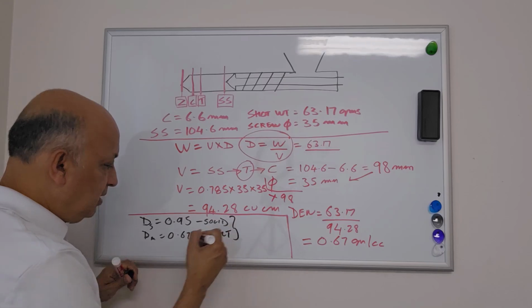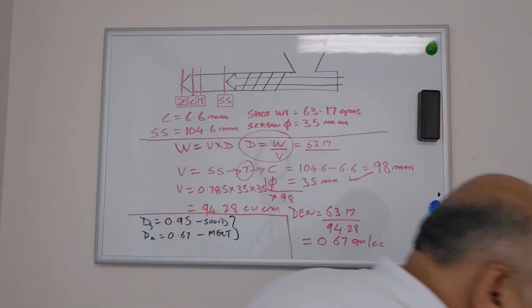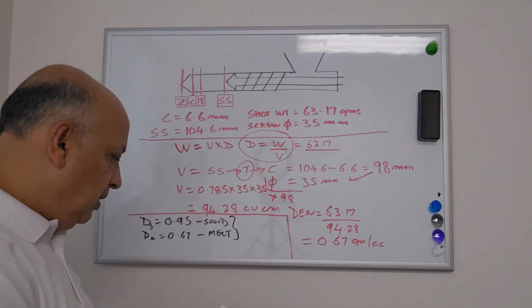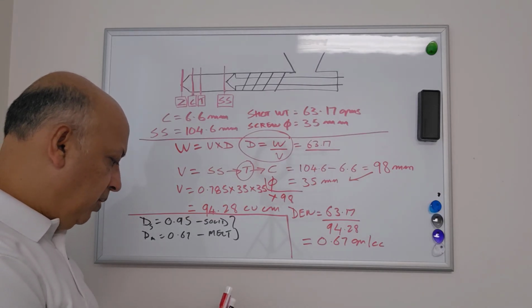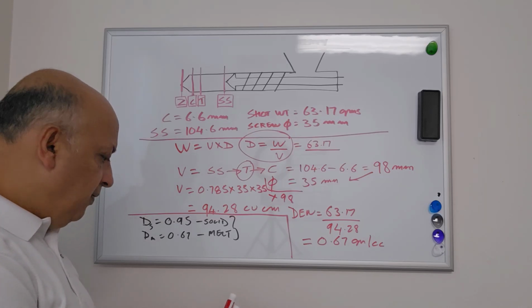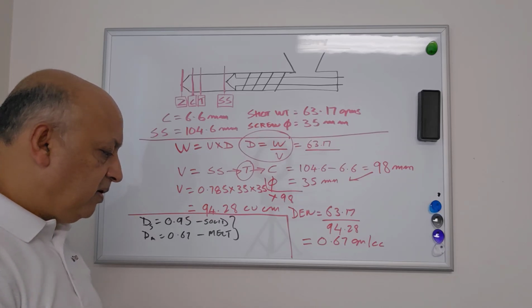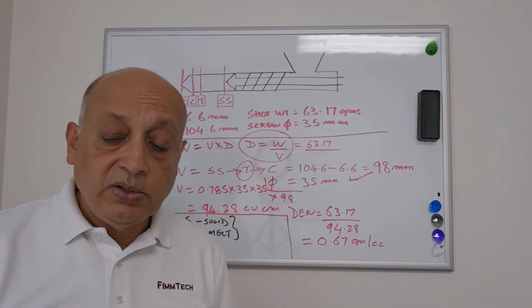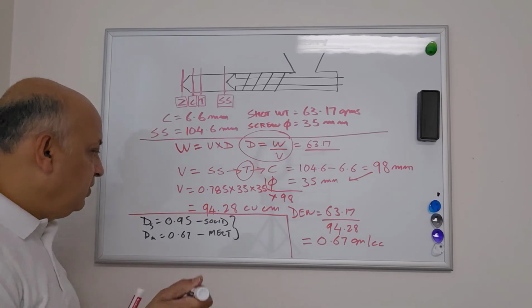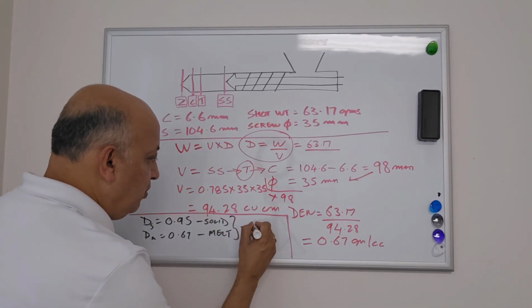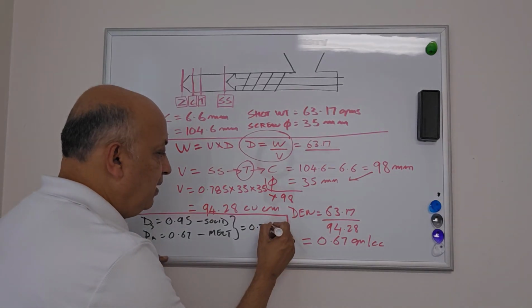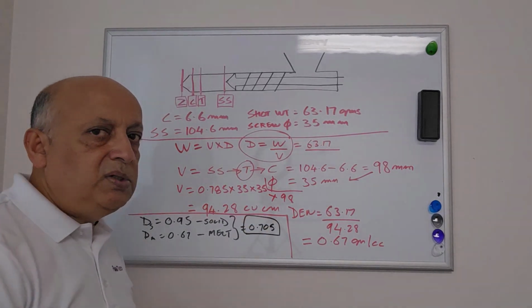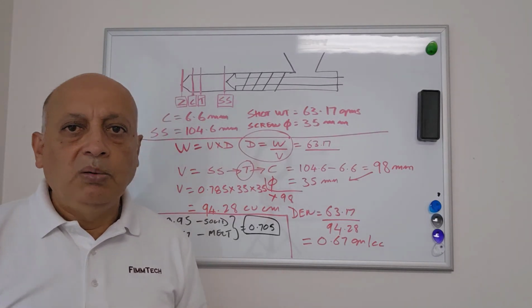And if you look at this, this is basically a factor of, I have a calculator right here, 0.67 divided by 0.95. It's a factor of 0.7, so that's a good estimation. It comes out to be 0.705, right? So the numbers that we use generally, 0.7, 0.8, they're good numbers.